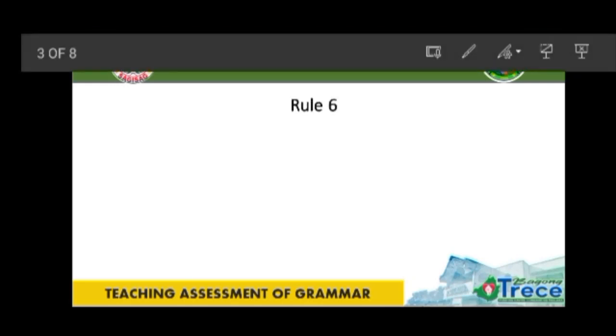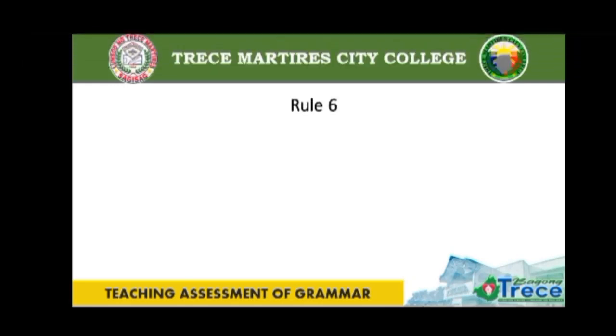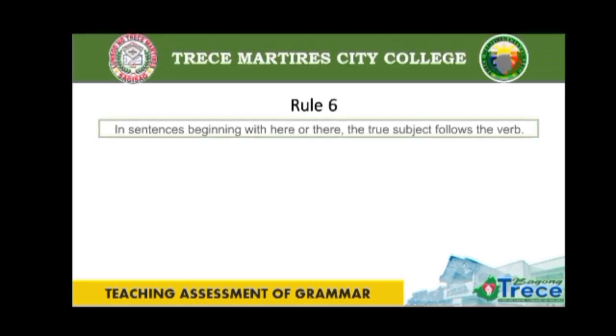Next rule, which is rule number 6, says: in a sentence beginning with here or there, the subject follows the verb. So if a sentence starts with here or there, what follows is the verb, then followed by the subject.